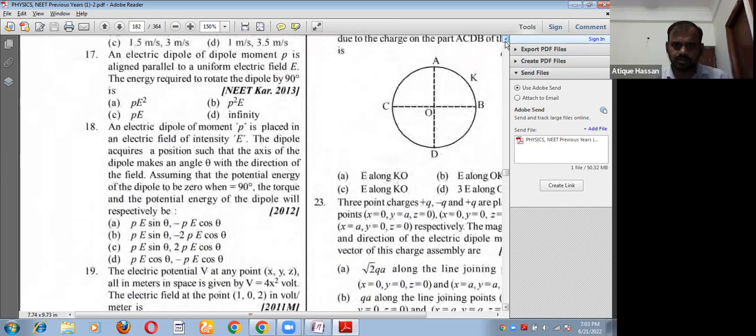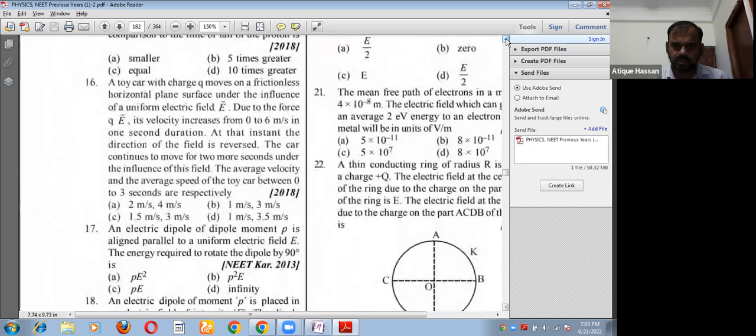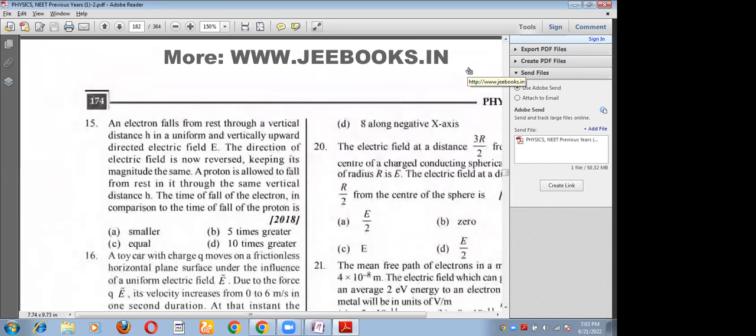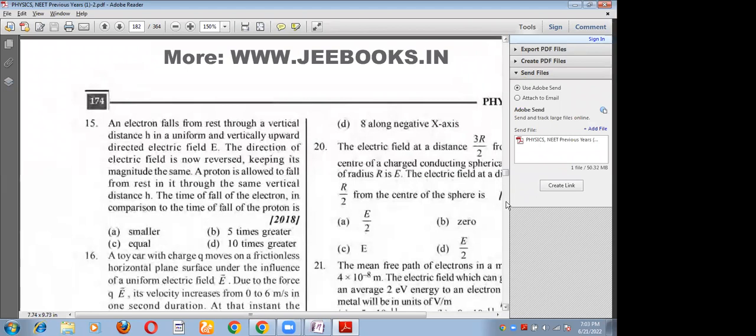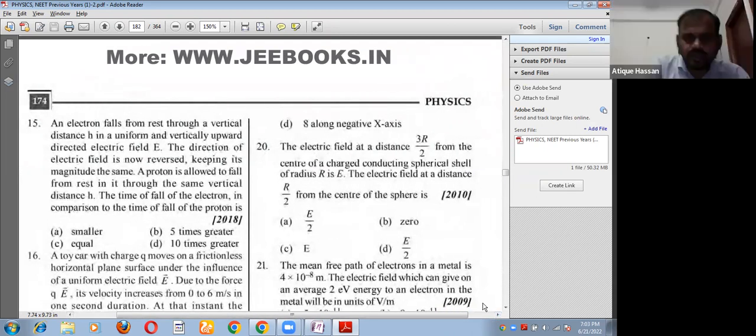What is the last option? 8 along negative x-axis. So D. Yes, correct. D is the correct answer. Have you understood? Yes, sir. So was it tough? No, sir. The thing is how to apply the formula. That is where the difficulty comes.